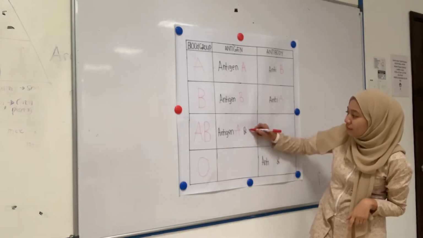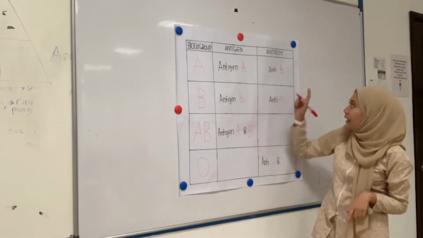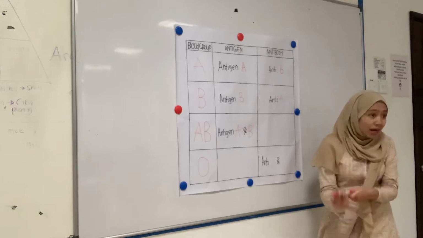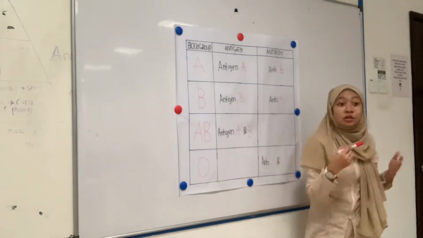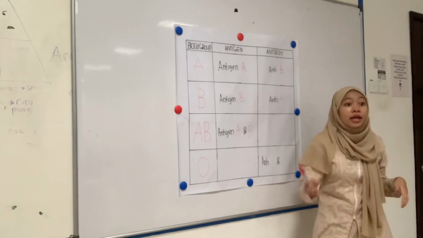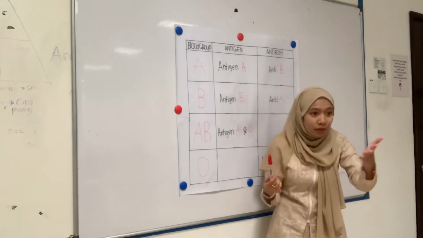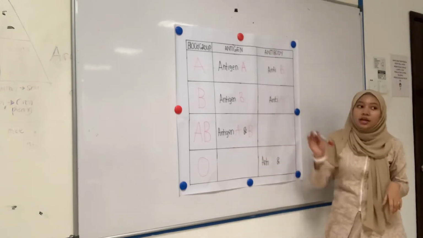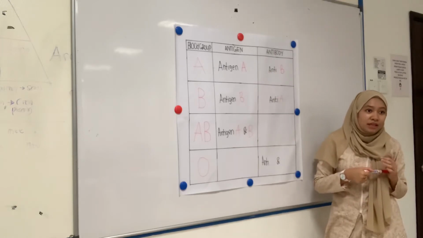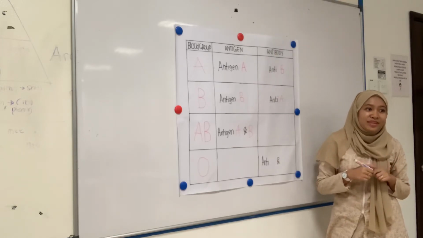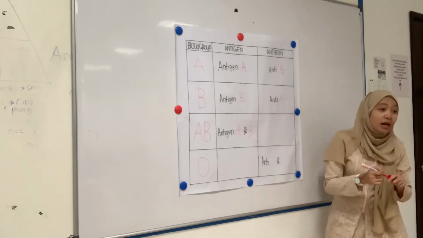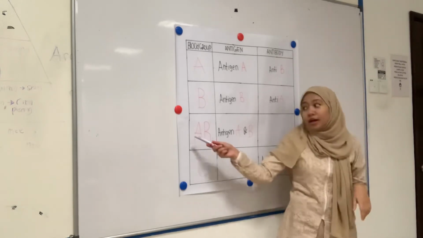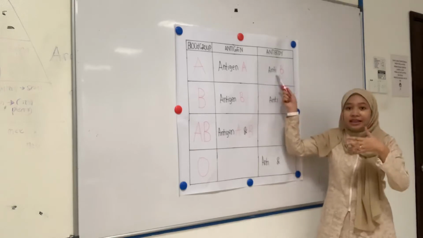Thank you. Okay, so for the antibody, since Raiha is AB blood group, Raiha is known as a universal recipient. It means that Raiha can receive blood from everyone. So does Raiha need antibody? No, because let's say Raiha has anti-B.